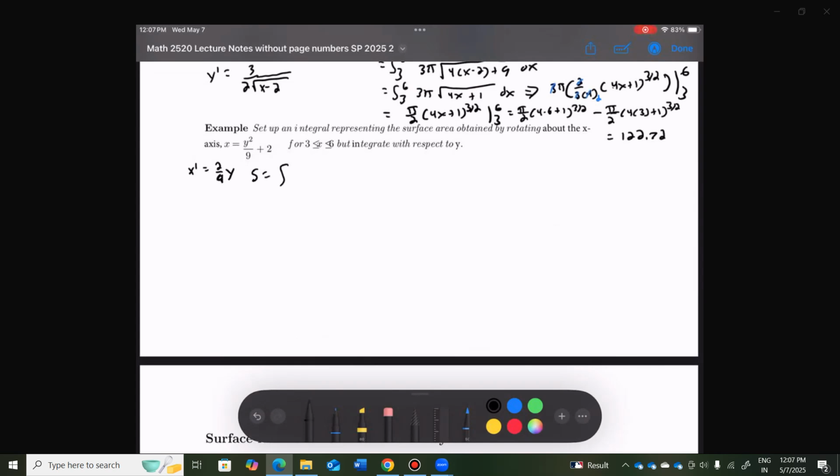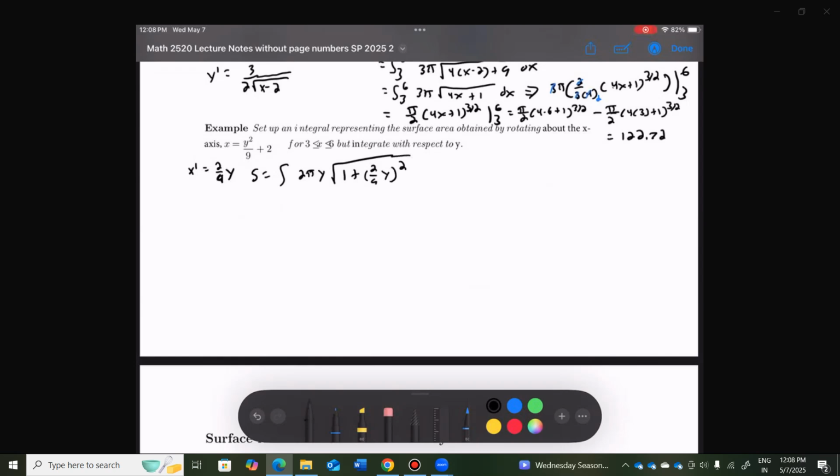And we want to know where our y goes to, so I'll have to figure that out here. But you'll have 2 pi y times the square root of 1 plus (2/9 y) squared. The whole thing should be squared.